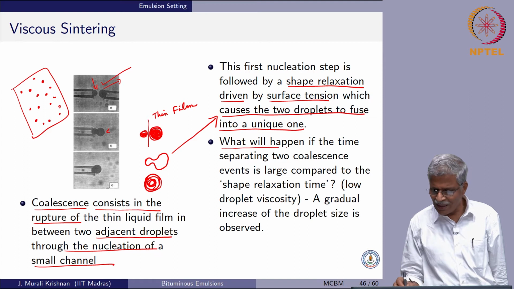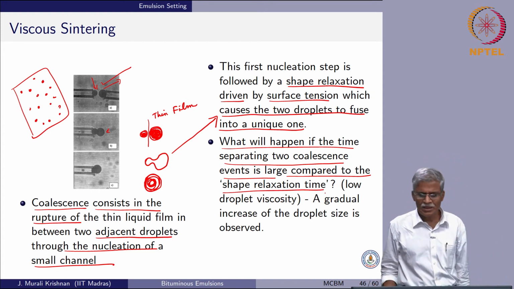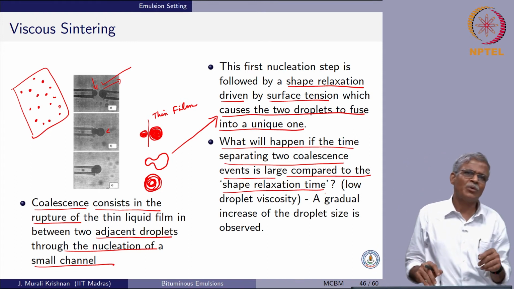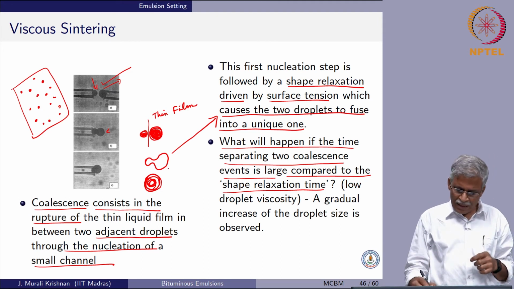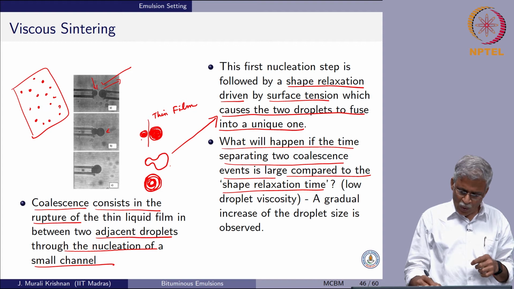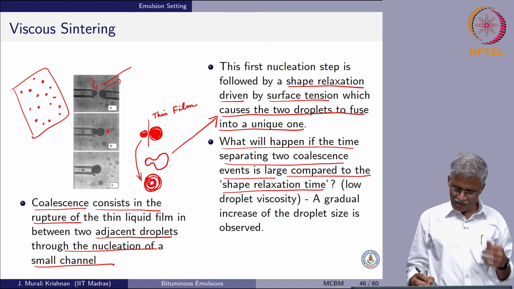So, what will really happen if the time separating two coalescence events is sufficiently large compared to the shape relaxation time? Now, this is the interesting point. If you have a low viscous material, the time required to go from here to here is going to be very fast.